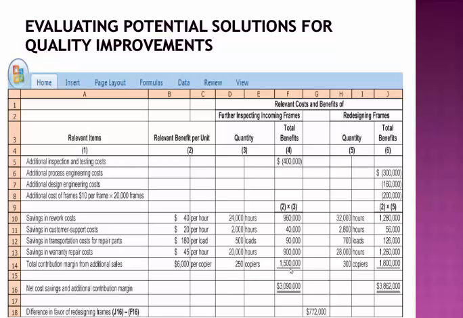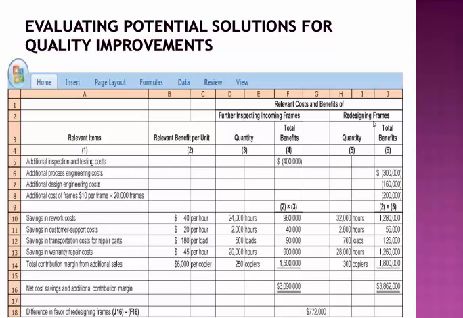We were going to not have to expend these amounts. So if we take this $400,000 and net it against our cost, we will have a net savings or positive contribution margin for selecting the further inspecting the incoming frames solution.